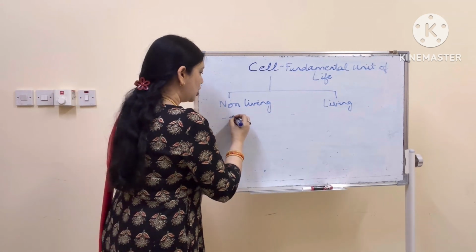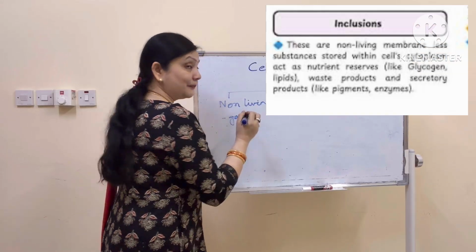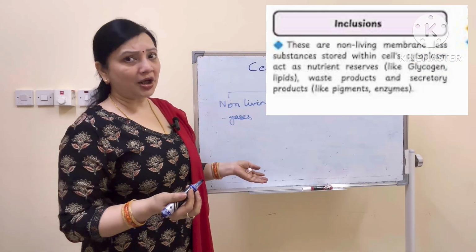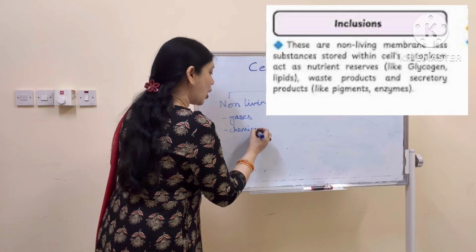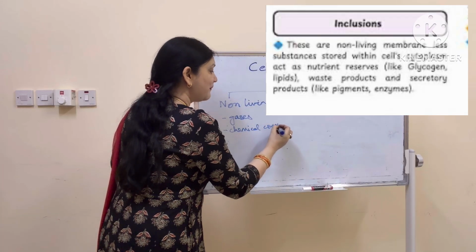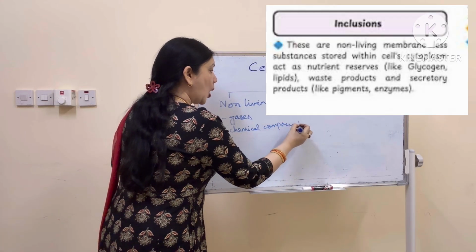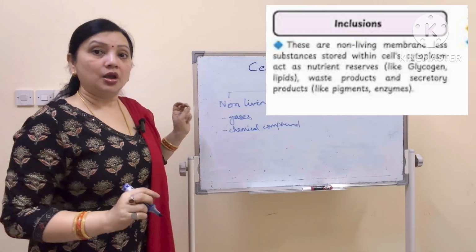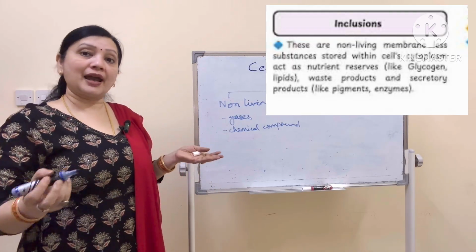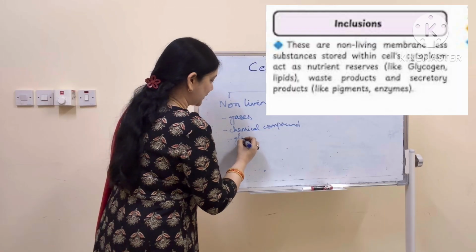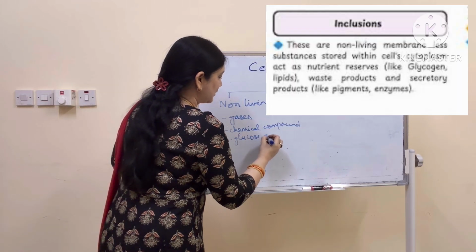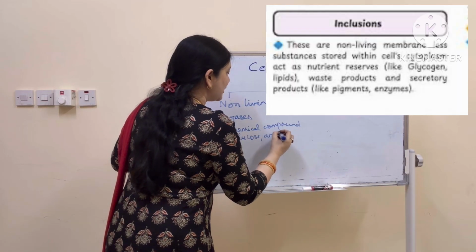Inside the cell. So there are different gases in the cell. They are non-living. There are several chemical compounds which get formed during different life activities. So all those are non-living. The food you have taken, after digestion, has changed into end products like glucose, amino acids. All these are non-living things.